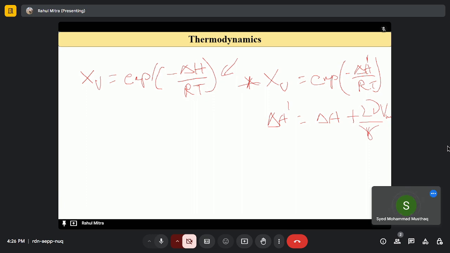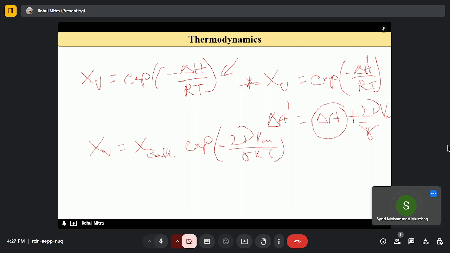So if you substitute there, XV equals X bulk times exponential of plus 2 gamma Vm by rkT.